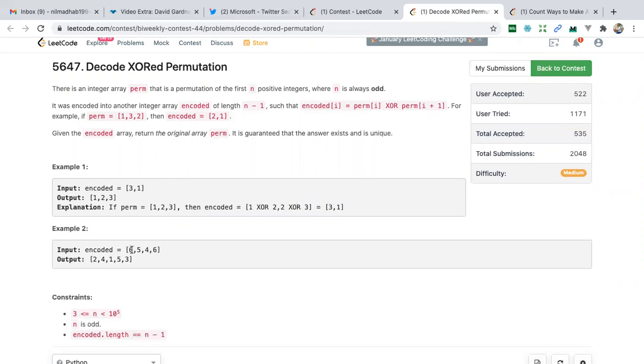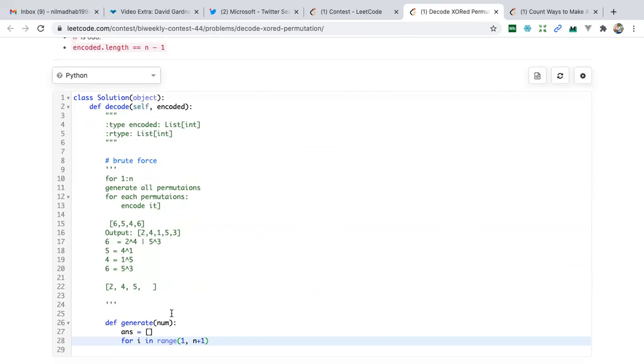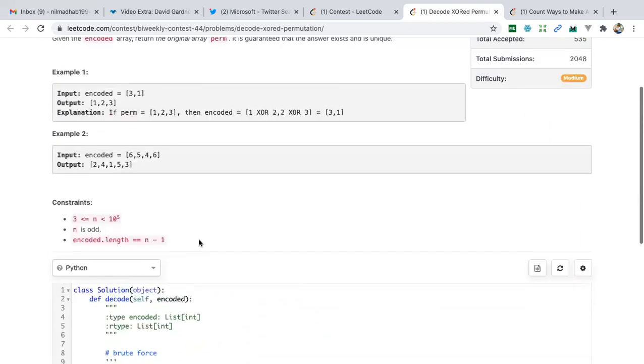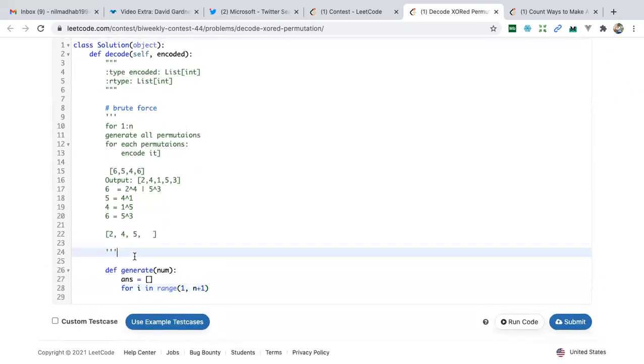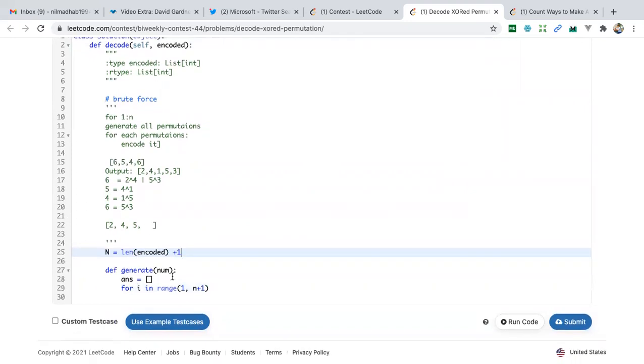No, because the length of the encoded string is n-1. So n will be the length of encoded plus 1.